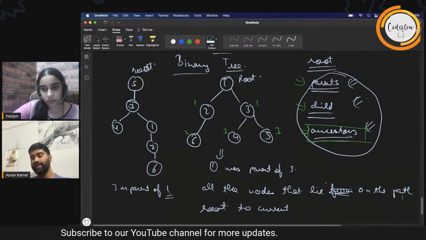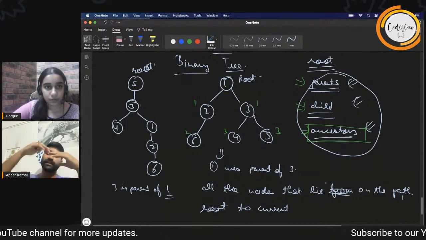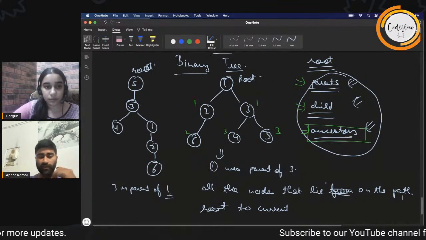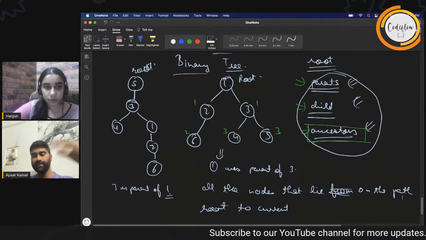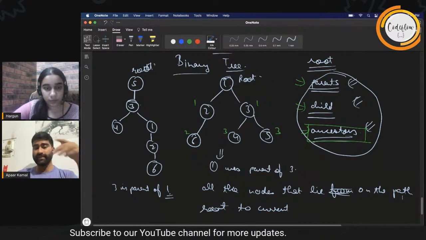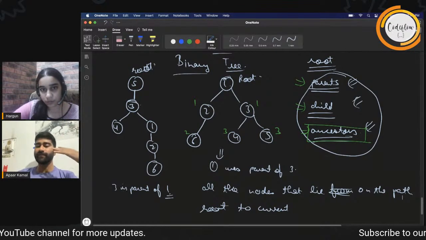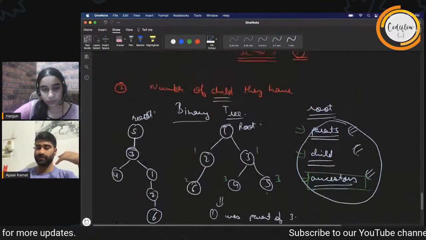I hope this is very clear. Like the node's parent, then its parent, then its parent, and so on. Cool. So this was another example of ancestors, child, parent, and root. I hope it is clear what these four terms are.